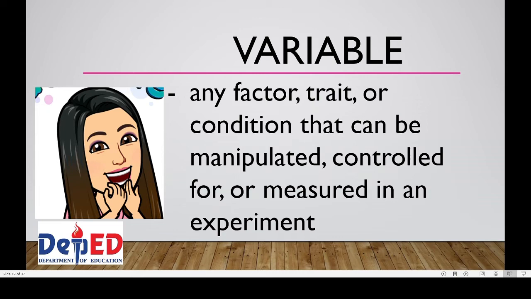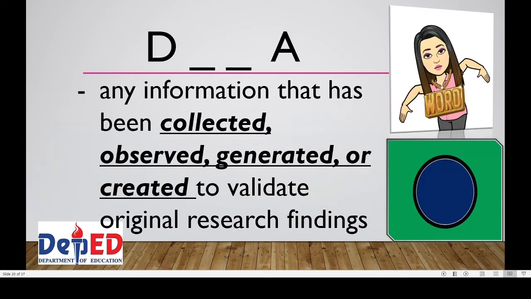The variable may be independent or dependent. The independent variable in an experiment is the one that is changed or manipulated, while the dependent variable responds to the changes.